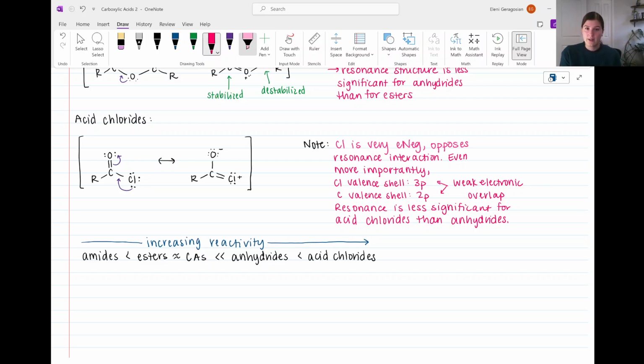Now, considering resonance and tying this into resonance, amides have the most significant resonance stabilization of that starting carbonyl compound.